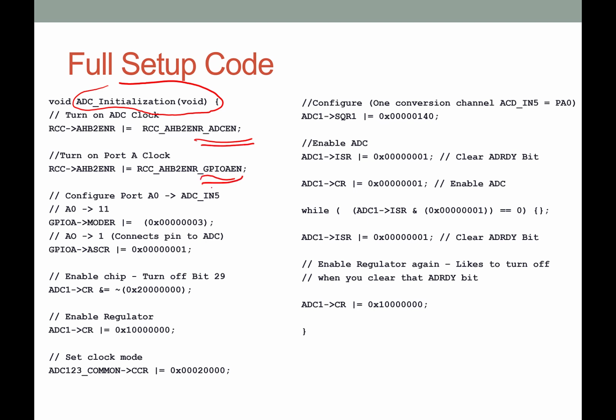Here we see we're enabling GPIO port A. Here we're saying we're going to configure port A0 as an analog input, and we're going to turn on the analog switch so that that goes to analog to digital channel 5. And so, okay, now we're going to turn on the chip. Now we're going to enable the regulator. So this is that deep power down mode. This is that AD voltage regulator. And then we're going to set the clock mode.